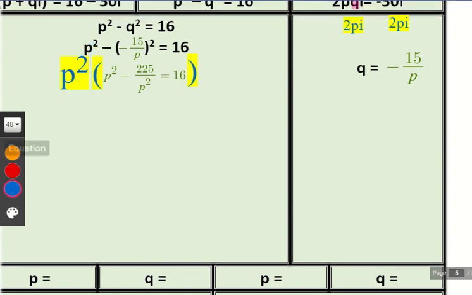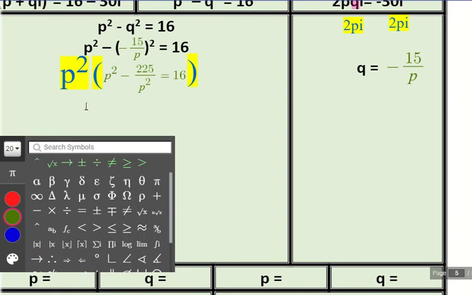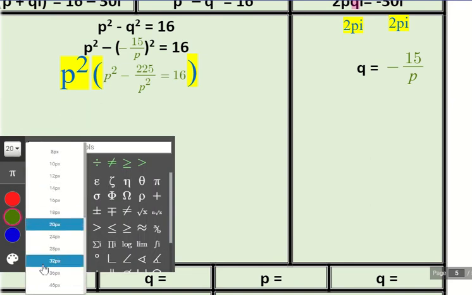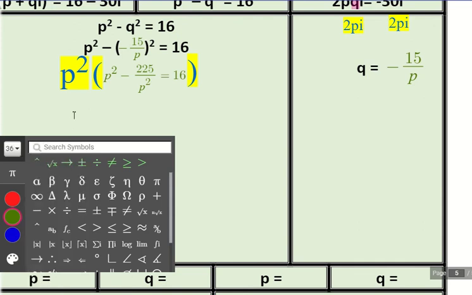So p squared times p squared. The one detail I want you to remember here is when we multiply, if the bases are the same, which they are, both have a p for the base, we actually add the exponents. So 2 plus 2 is 4. So we have p to the fourth.